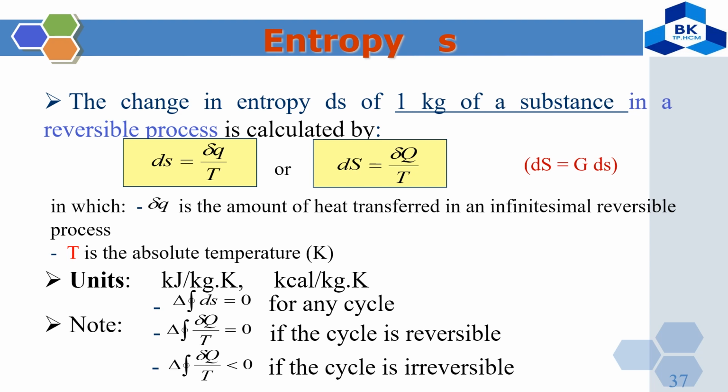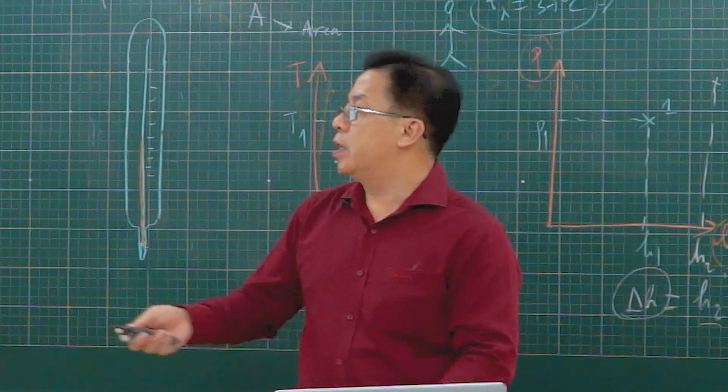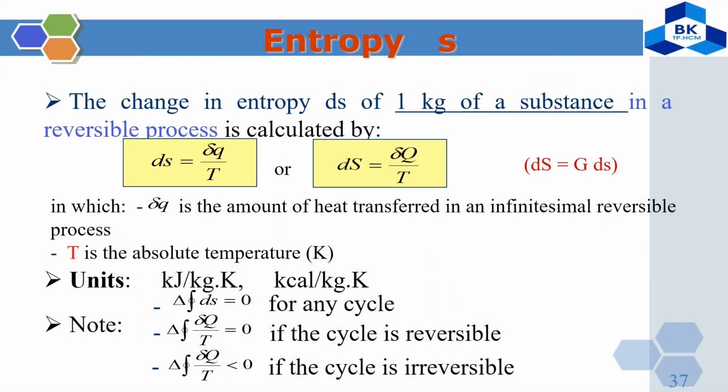So to know whether a process is reversible or irreversible, we need to figure out the entropy. So the entropy ds here will be equal to delta Q divided by T. In this case, delta Q is the amount of heat transfer in the infinitesimal reversible process, and T is the absolute temperature.